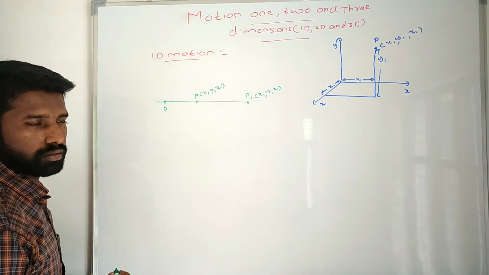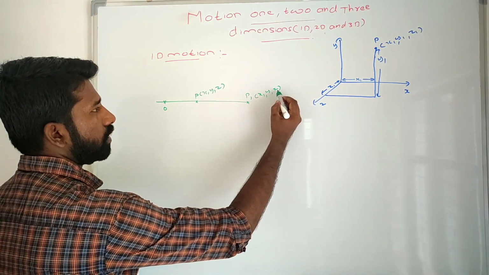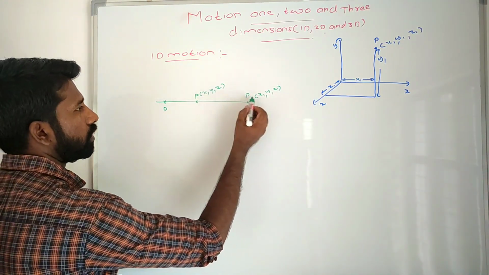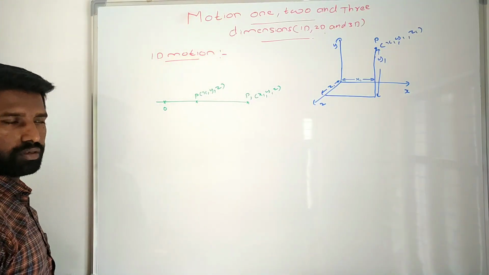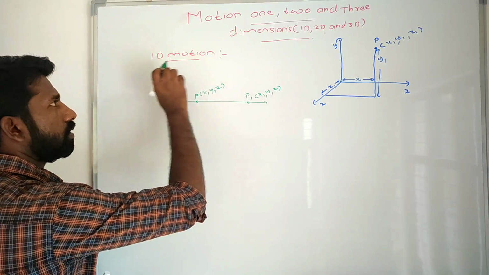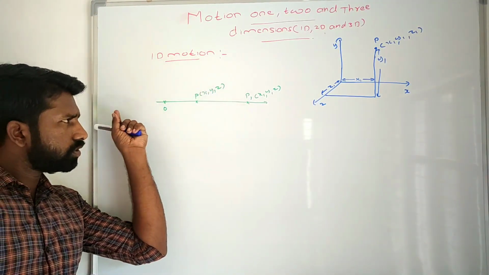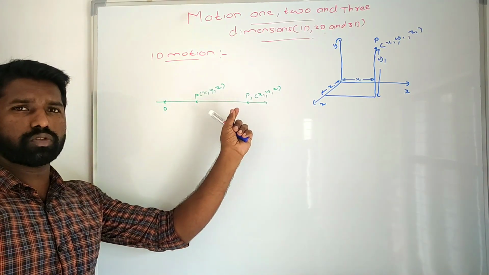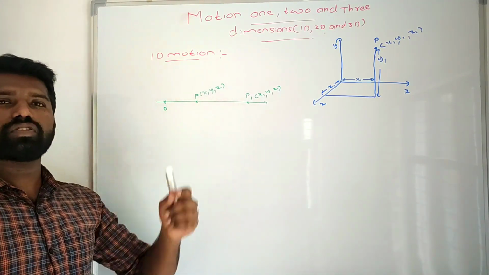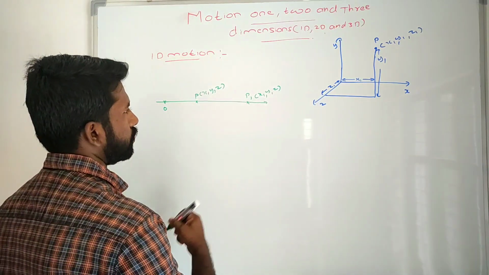You see this? The y and z components are the same. Only the x component changes. So from this, we can say that the object is moving in 1 dimension motion. If it is 1 dimension motion, the object is in a straight line motion.